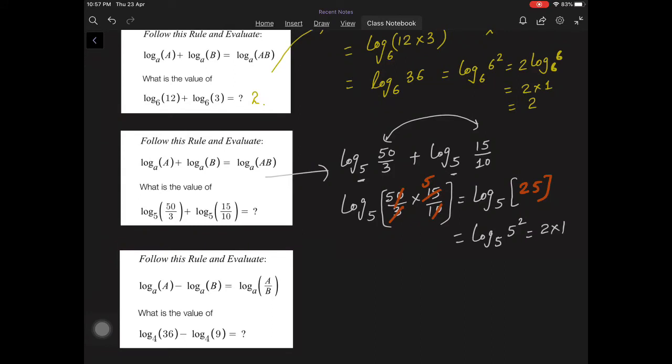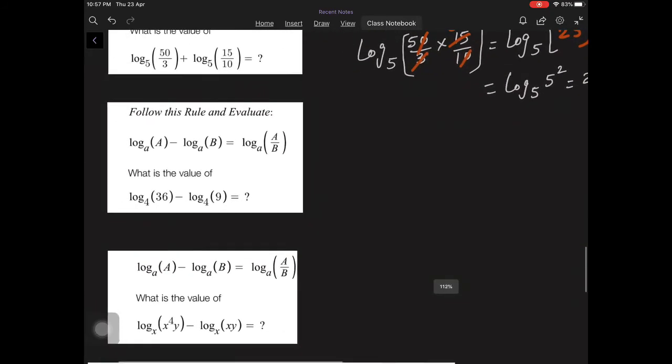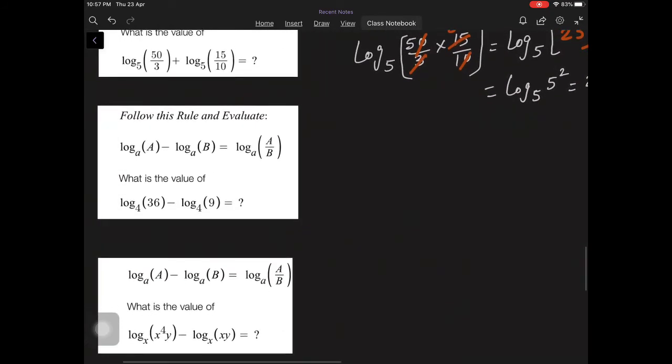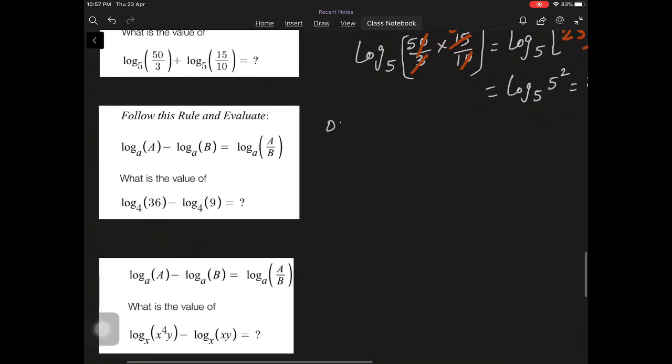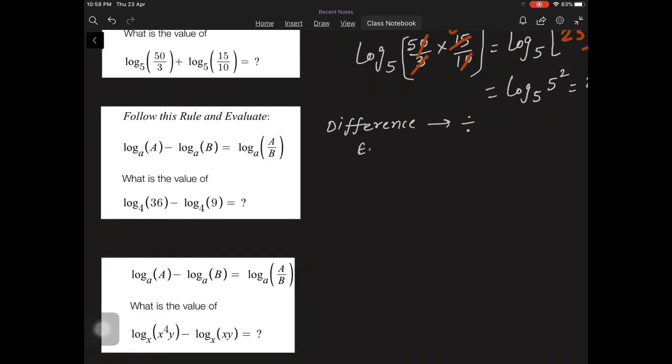So it's 2. Now there's a very similar rule with the minus. If you are subtracting two different logs with the same base a, I'm writing its difference, it means we divide, like in exponent rules. It's from the exponent laws. One of the laws says if you divide the same base, you subtract the exponents, so we can apply the same rule here.